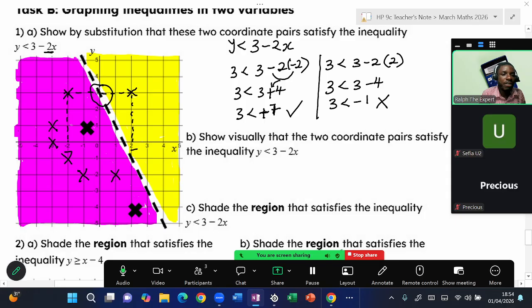If you cover it with all black, all the points there will agree that the corresponding value of y, by the time you substitute it, will be less than 3 minus 2x. And so our region is the purple region here. This will be our region. This, nope, not our region. Do we understand that?